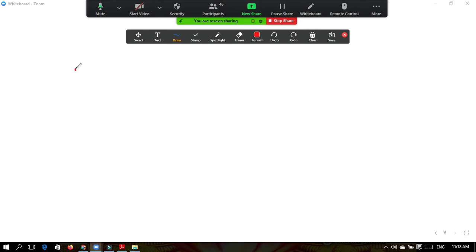I will call this term LD1, which is 1.3 M1 upon V1 plus L0. I have just given one notation to it, so that we don't have to write the whole thing every time.